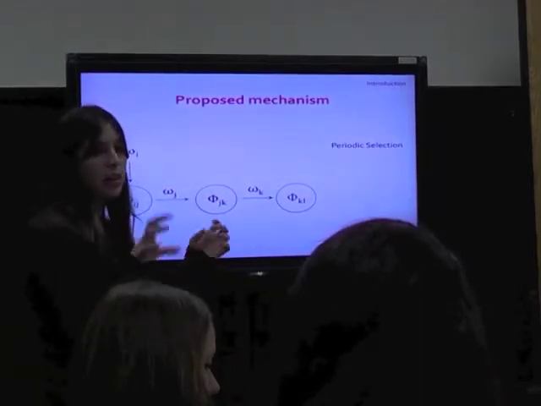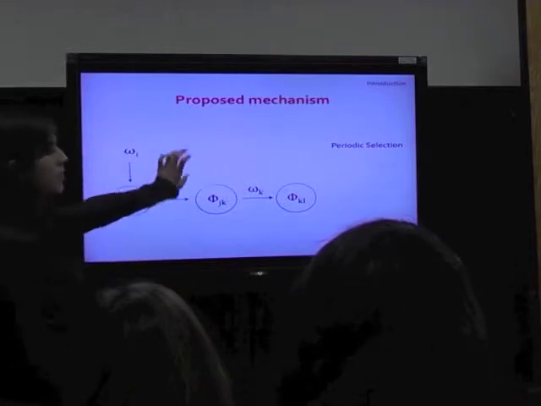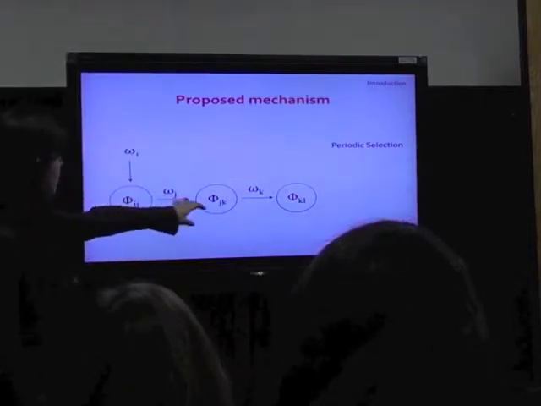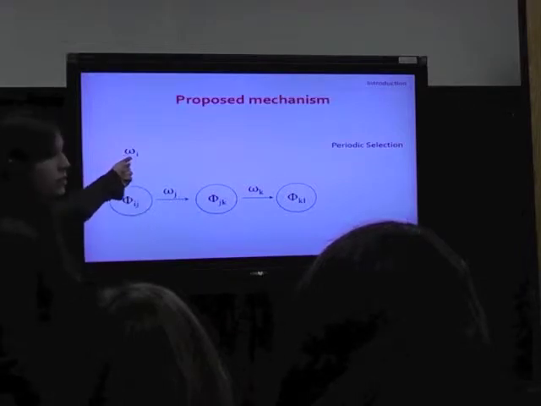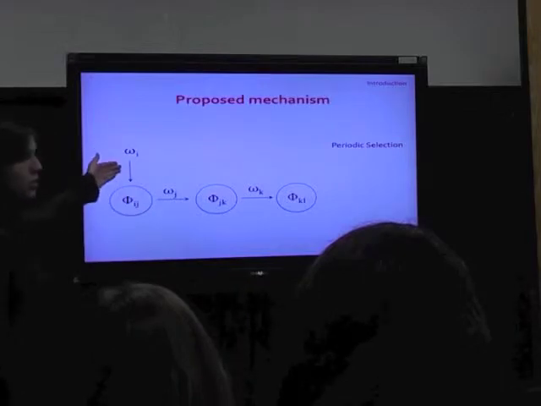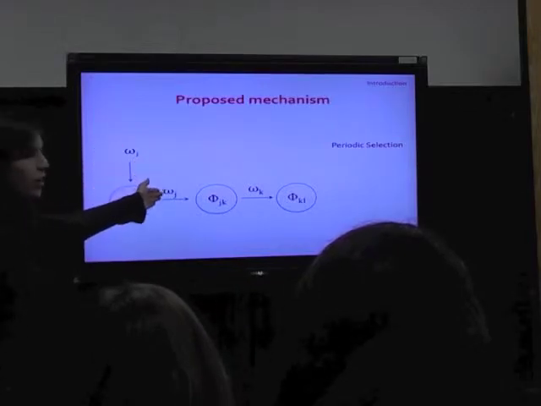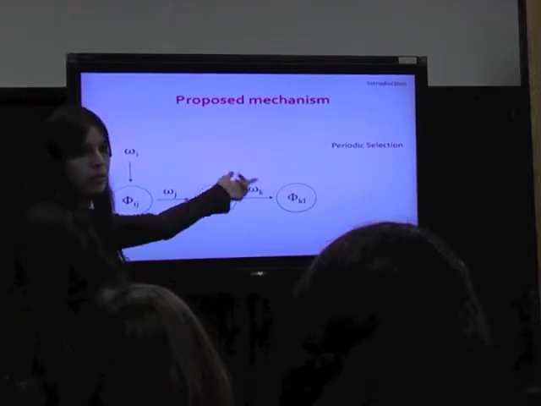So we propose, this is a theoretical study. We said, okay, we can have cross-feeding in this way. Here, these are genotypes, and these are different resources. For example, we can start with one genotype that consumes one resource and then excretes another, which is consumed by another genotype, and so on.